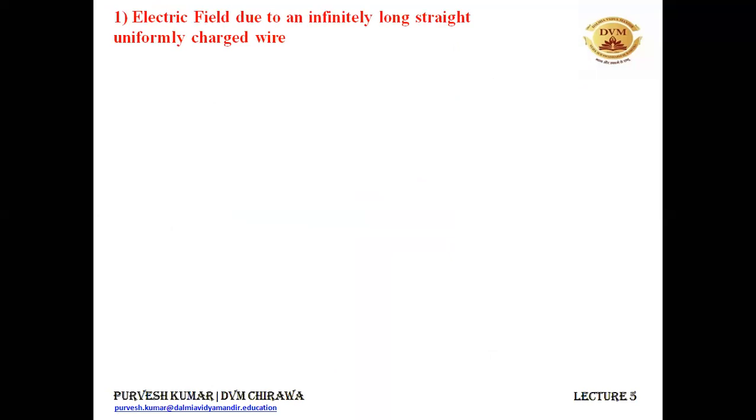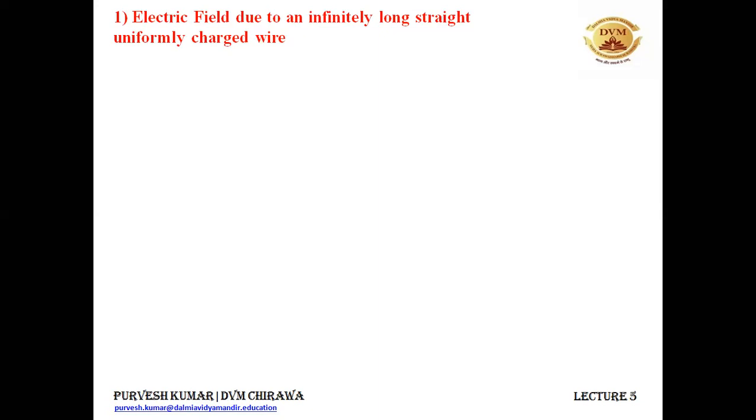Earlier we were finding the electric field by discrete charges. If 2 charges, 3 charges, or 4 charges are placed somewhere, and we need to find the electric field because of those charges, we will be doing that. But what happens if we have an infinitely long straight rod or wire that is carrying a charge which is uniformly distributed over it?